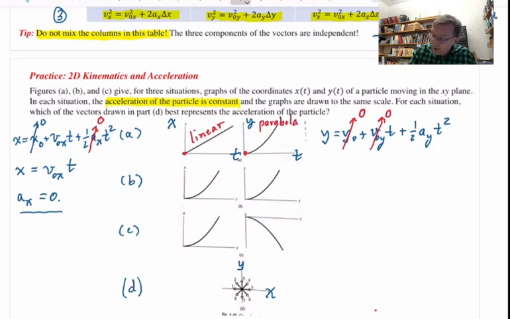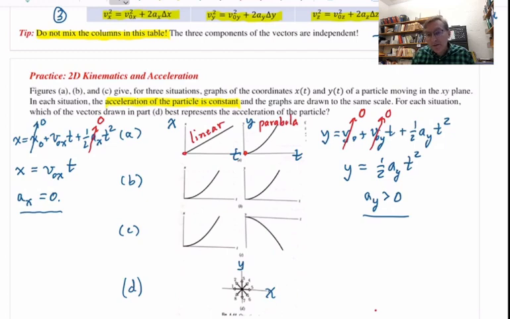Here's all that's left in my formula: y equals 1/2 a sub y t squared. But that parabola for y versus t opens up, so a sub y must be positive. I can't give you an actual number, but I can tell you it's positive, just based on that graph of y versus t.